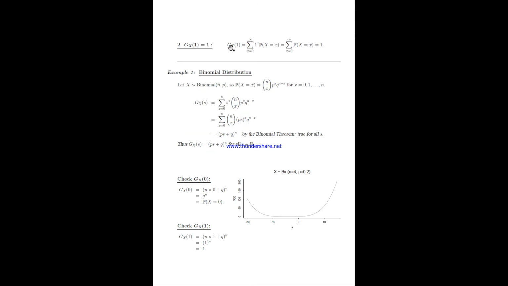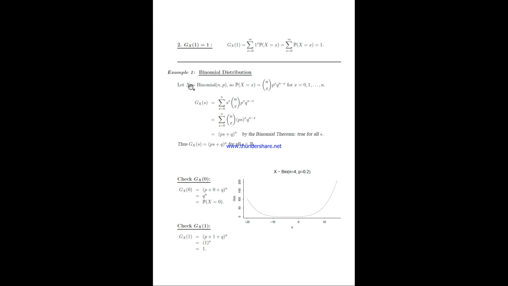That's why G_X(1) is equal to 1. Right, so let's have a look at the binomial distribution.